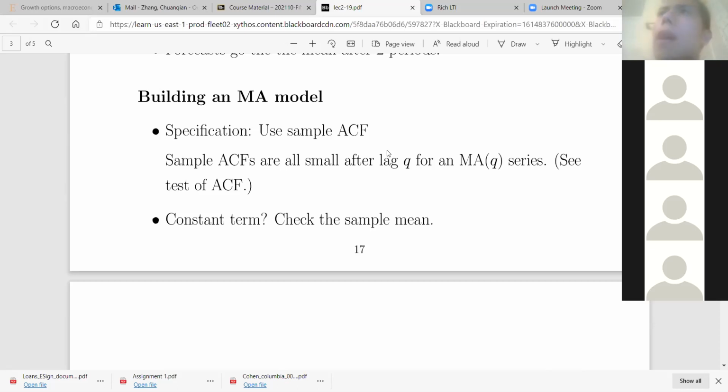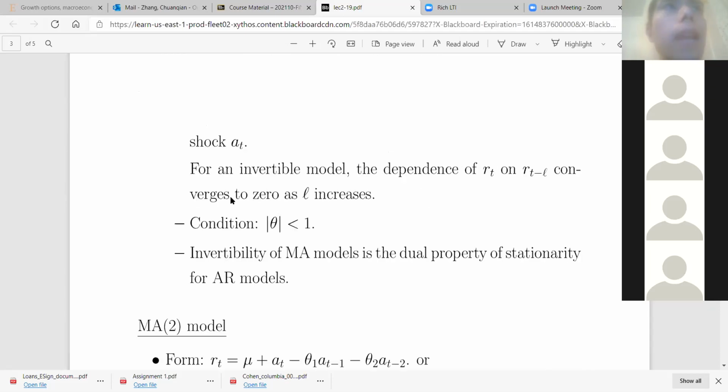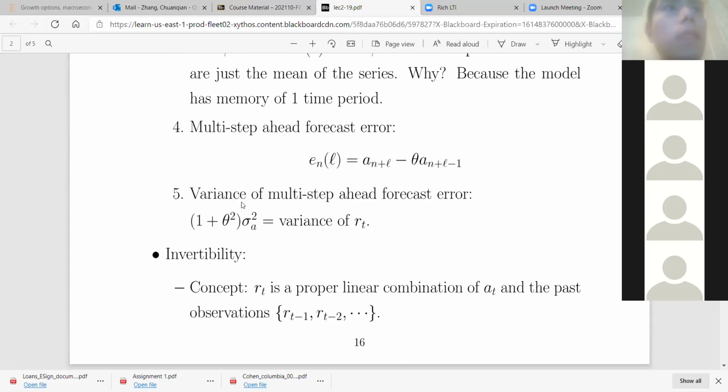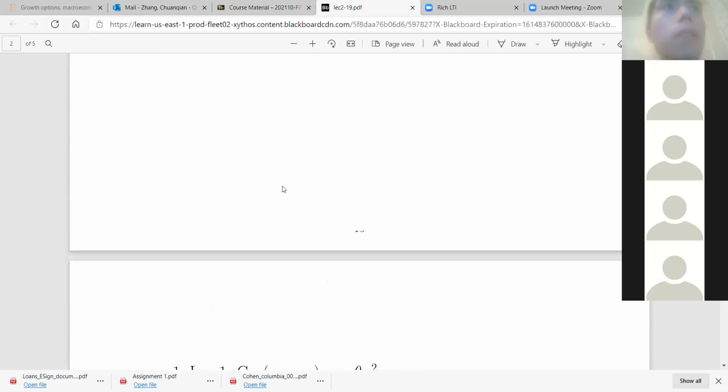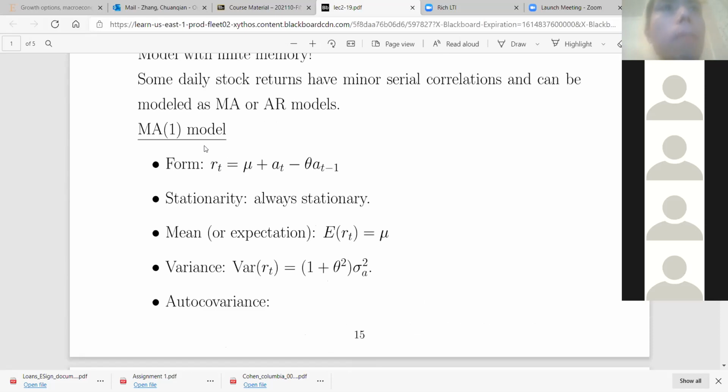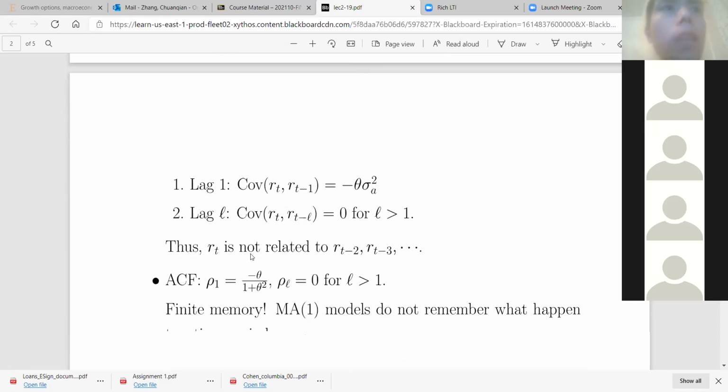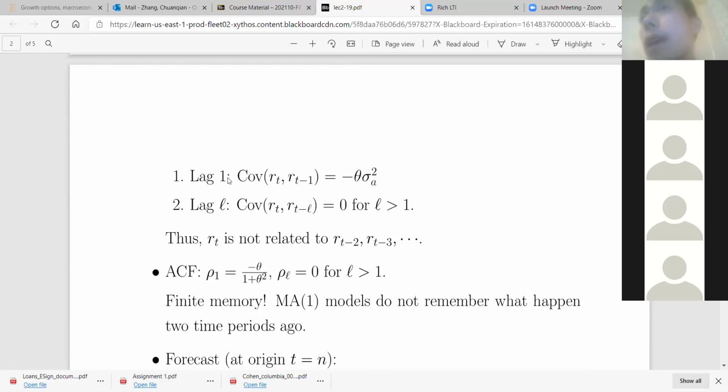Remember for the moving average models, for the MA2 model. So for MA1 models, let's say, the correlation at lag one is some number. When it's beyond one, it is zero, no correlation.